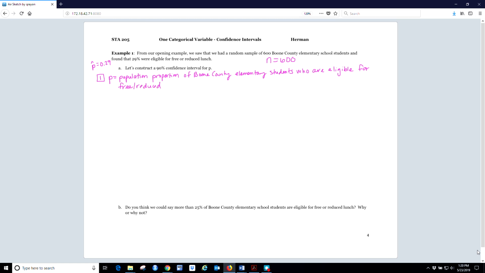This will always be in words. There's not going to be any numbers inside of it. Alright, so that's what step 1 looks like.